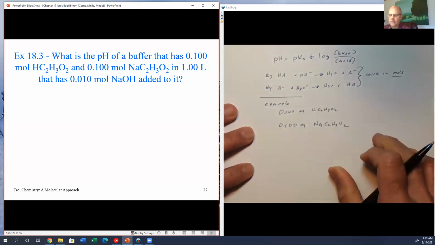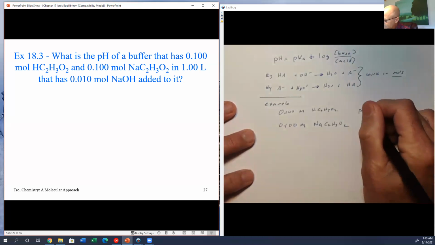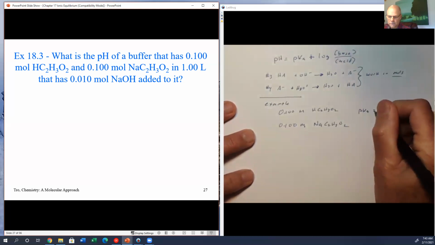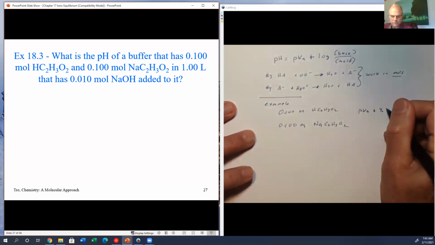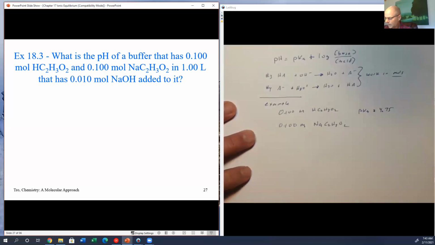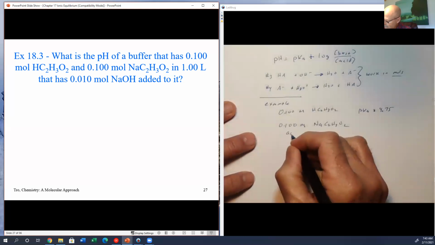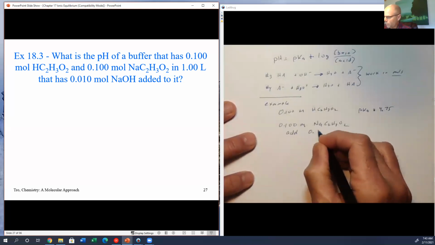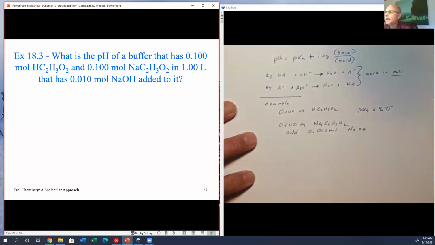Okay. And the pKa, it's not on the slide, but pKa for acetic acid is equal to 4.75. Okay. And you're going to add 0.010 moles of NaOH, and then find the pH after the addition, right?